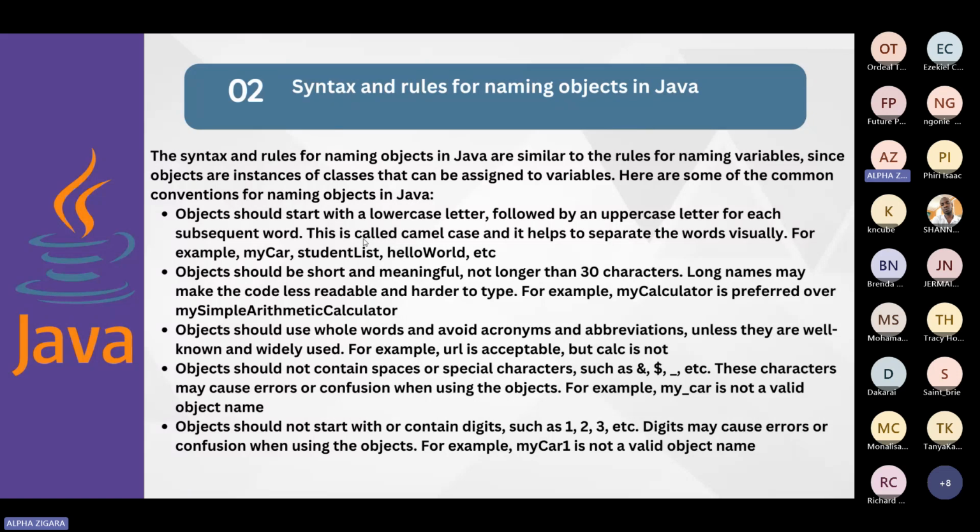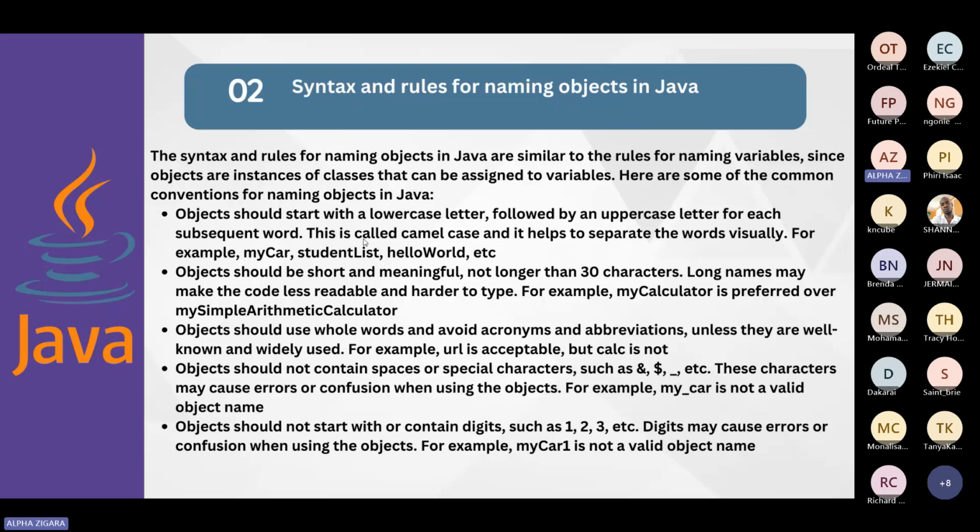First, the objects should start with a lowercase letter followed by an uppercase letter for each subsequent word, which is called camel casing. It helps to separate the words visually. For example, myCar, studentList, helloWorld, etc. Objects should be short and meaningful, not longer than 30 characters.